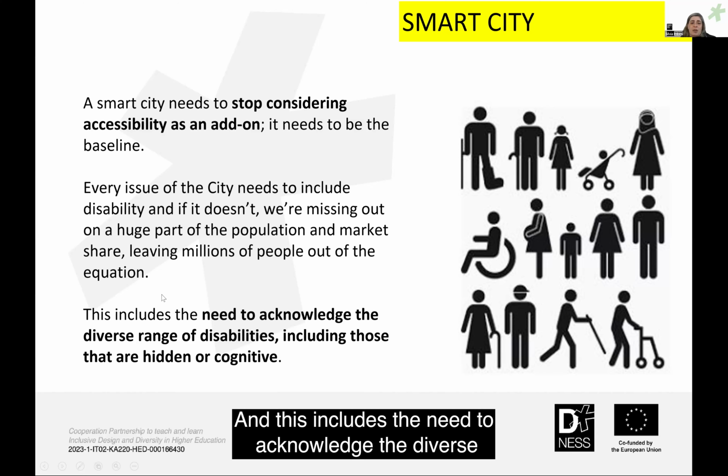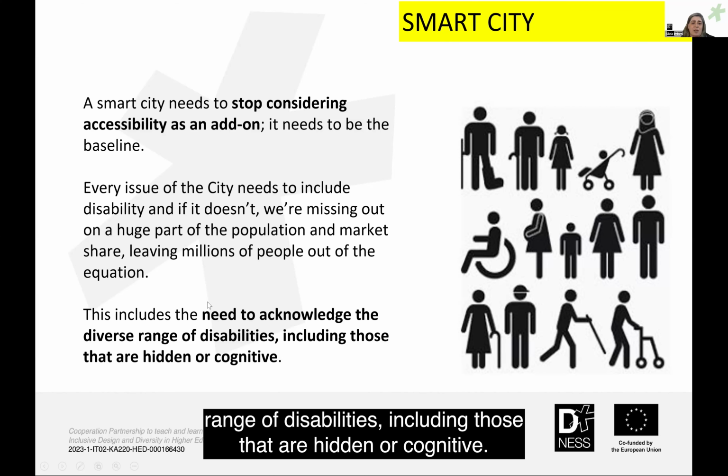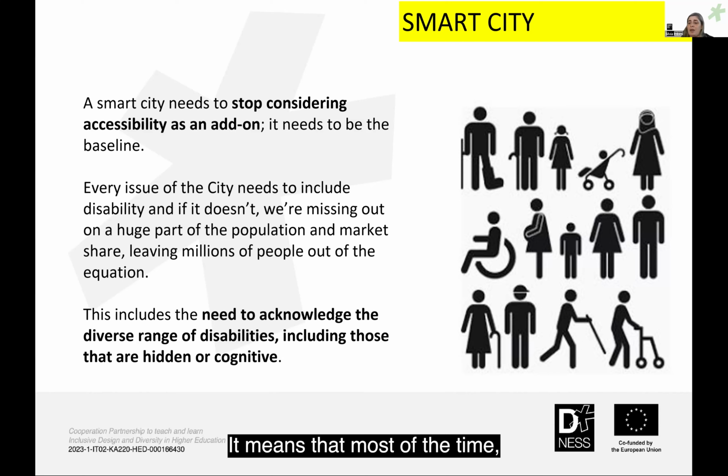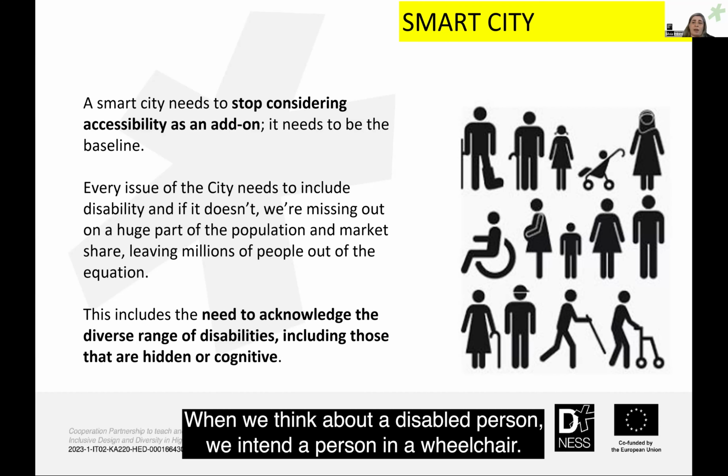And this includes the need to acknowledge the diverse range of disabilities, including those that are hidden or cognitive. It means that most of the time we think about disability as only physical disability. When we think of a disabled person, we imagine a person in a wheelchair.